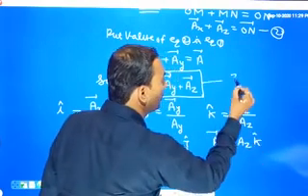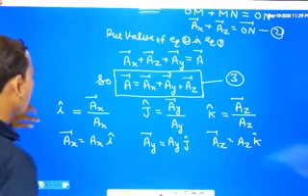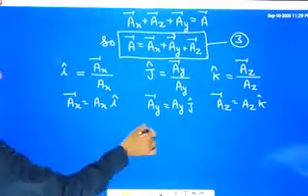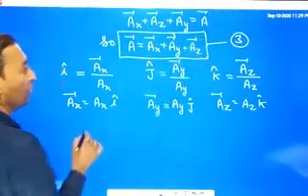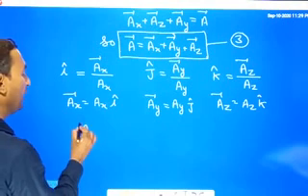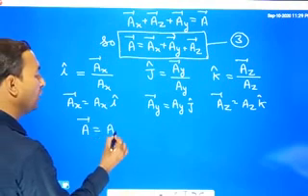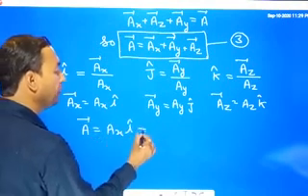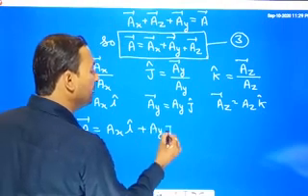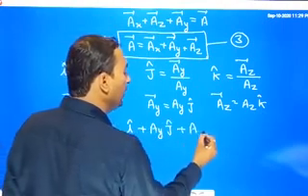Now this is equation number 3. Put the values of Ax vector, Ay vector and Az vector in equation number 3. Then we get A vector equals Ax i cap plus Ay j cap plus Az k cap.